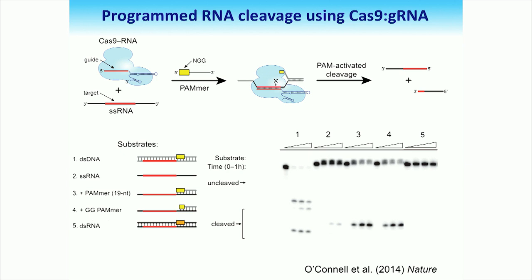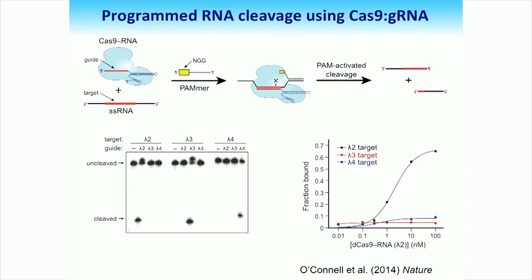And interestingly, a double-stranded RNA substrate is not cleaved in these reactions. So we really think the PAM nucleotides have to be DNA, or it could also be the case that an RNA hybrid is just too stable a structure to really bind to this complex. The helicase is not able to open an RNA duplex the way it can interact with a DNA duplex.